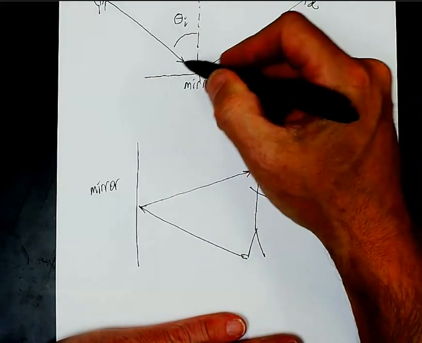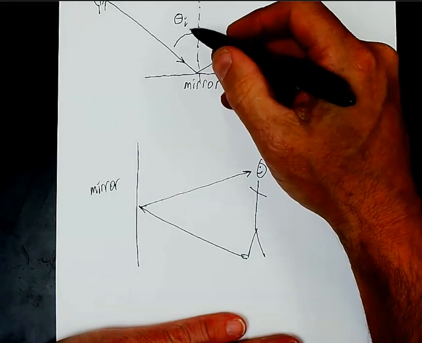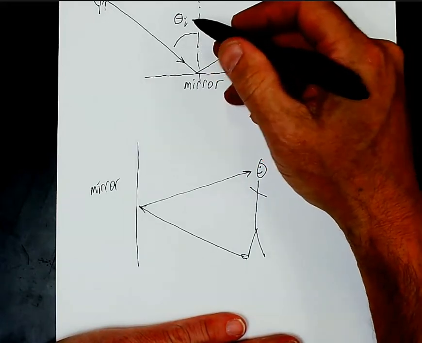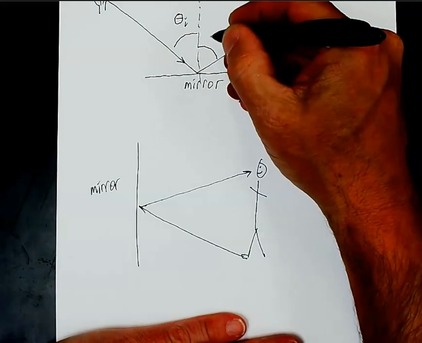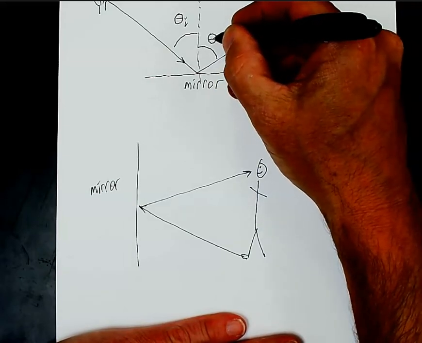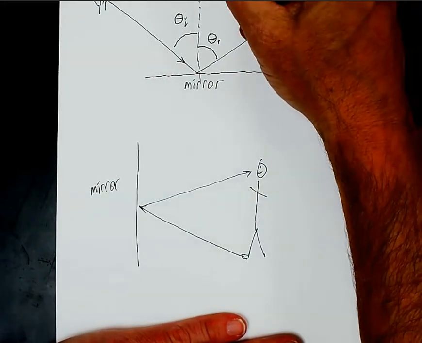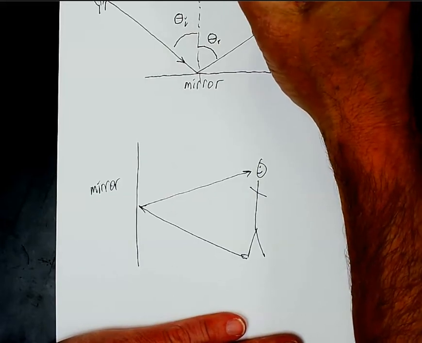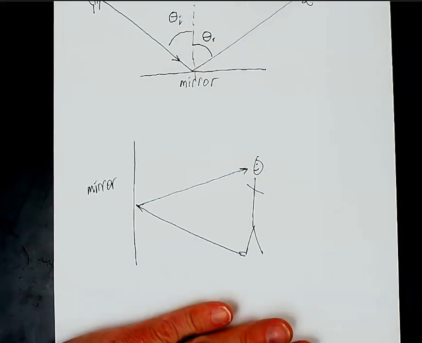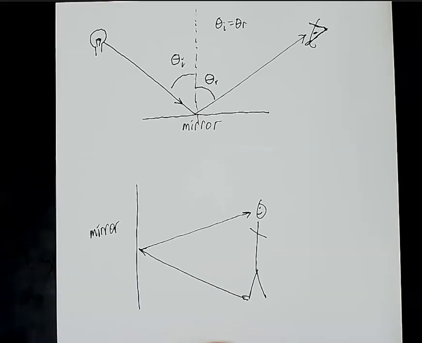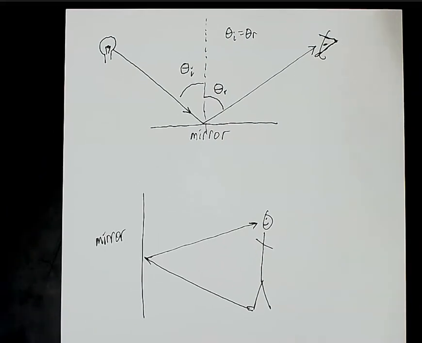And that angle between the ray and perpendicular, or the normal, is called the angle of incidence. And the law of reflection says that that will be the same as the angle of reflection. So we have theta I equals theta R. That is the law of reflection.